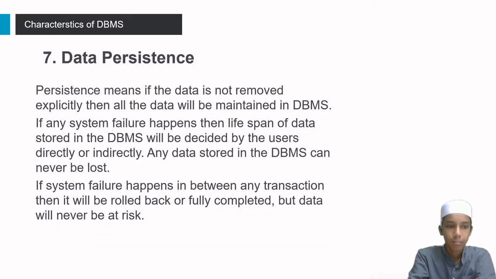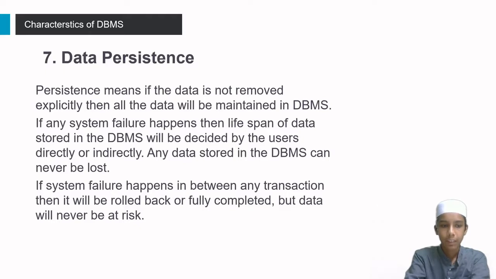Seventh one. So we have learnt about six. This is a theory, so we need to understand it. The seventh characteristic of DBMS is data persistence. Persistence means if the data is not removed explicitly, then all the data will be maintained in the DBMS.